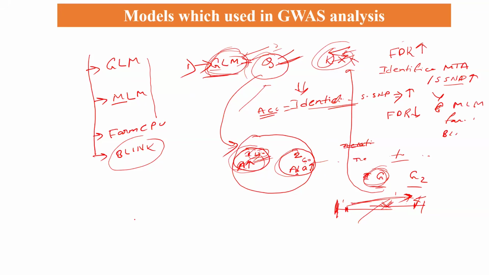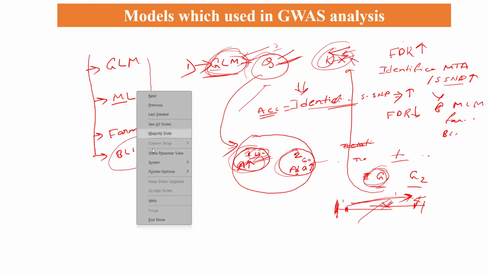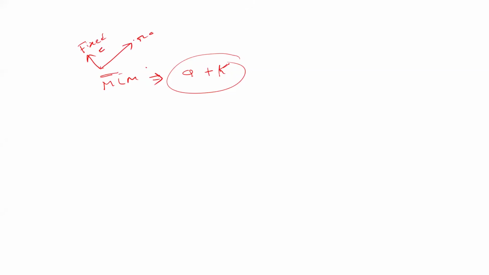Next, I will discuss what is the meaning of the MLM. In MLM, the Q matrix and K matrix are both included, and you should know what a mixed linear model is. In a mixed linear model, both fixed effect and random effect are included.